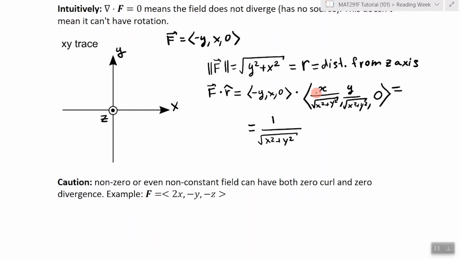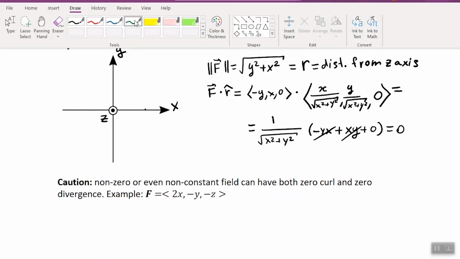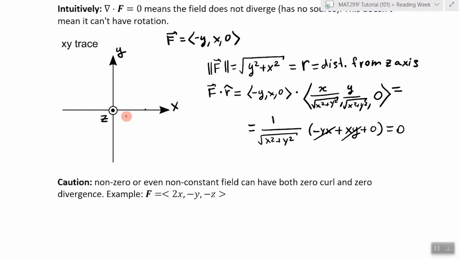We get negative y times x plus x times y plus 0. So these two terms cancel, and you get 0. So we know that at any point on the xy plane, when we sketch our r hat vector, our vector field is perpendicular to it. So this would be my r hat.